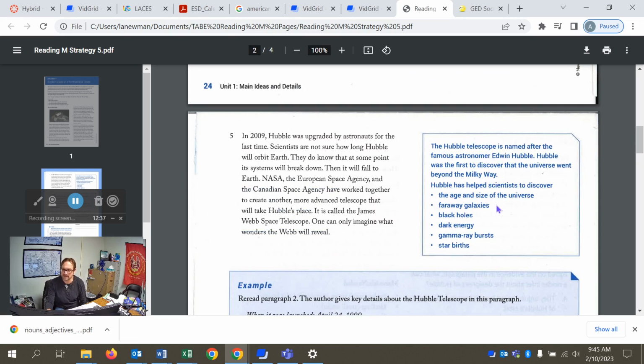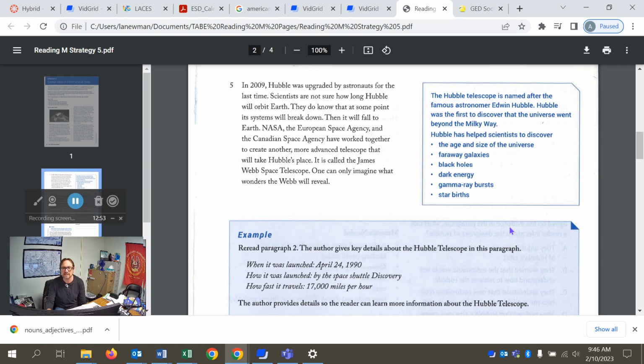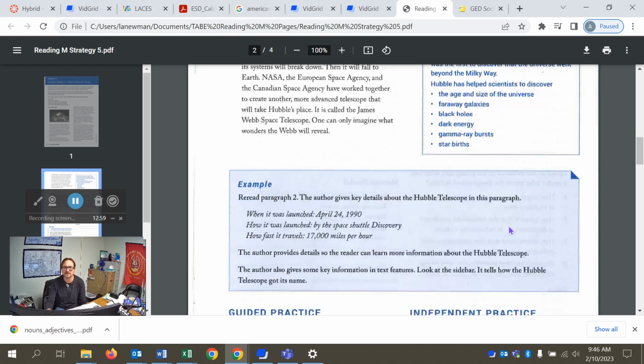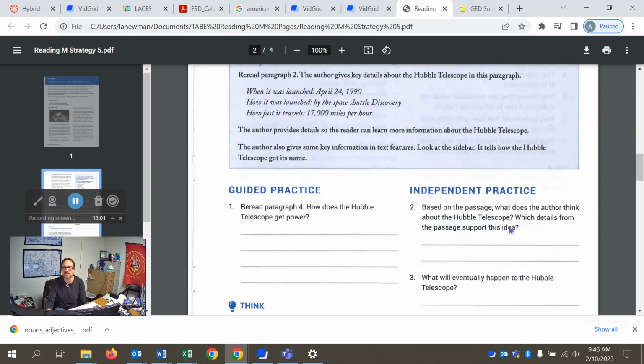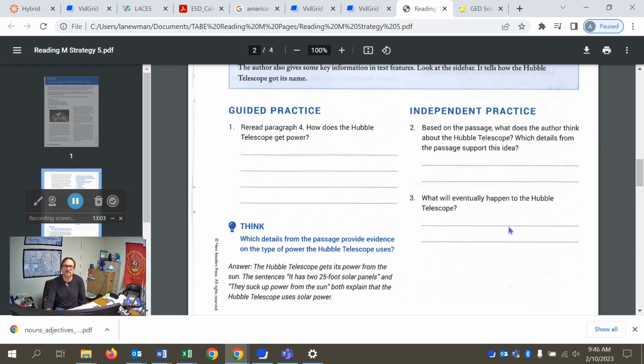He helped make some of these discoveries, not on his own, but was involved in some important work in discovering things about the universe. The latest telescope that launched last year is the James Webb telescope, named after yet another important astronomer. And if you want to be really impressed, look up some images of the James Webb telescope and look at the splendor of the universe around us.